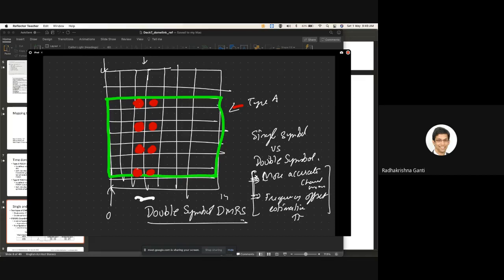Even when you do all that, there will be some residual frequency offset or Doppler, specifically in high mobility, where there's a case of high Doppler. What you can do is use these two adjacent symbols to do frequency estimation.